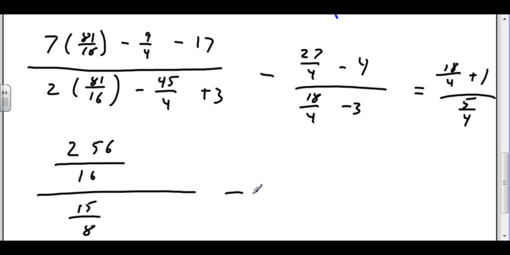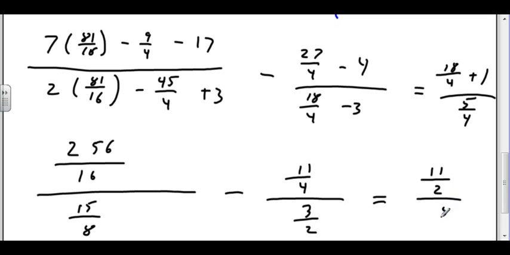Minus 27 divided by 4 minus 4, that's 11 over 4. 18 divided by 4 minus 3 is 3 over 2, is equal to 18 divided by 4 plus 1, which is 11 over 2, 5 over 4.